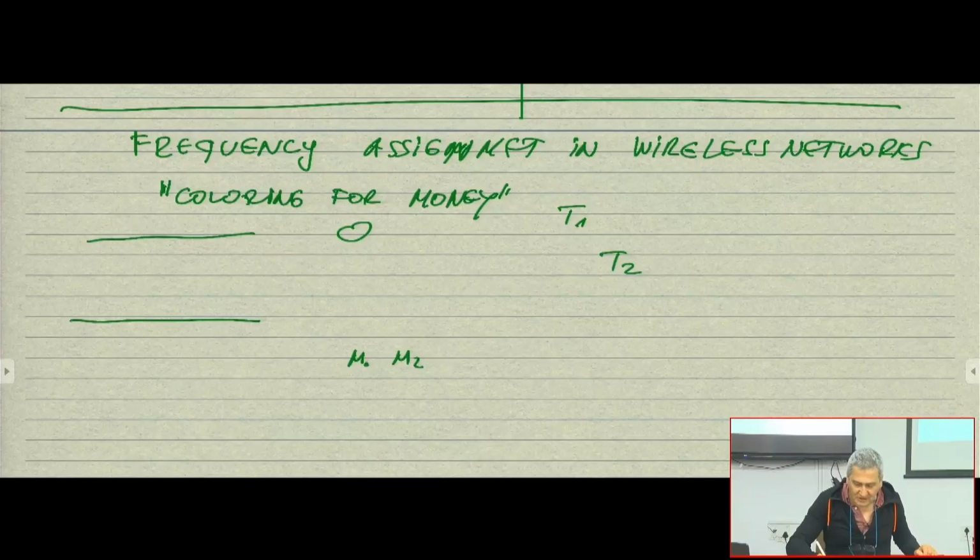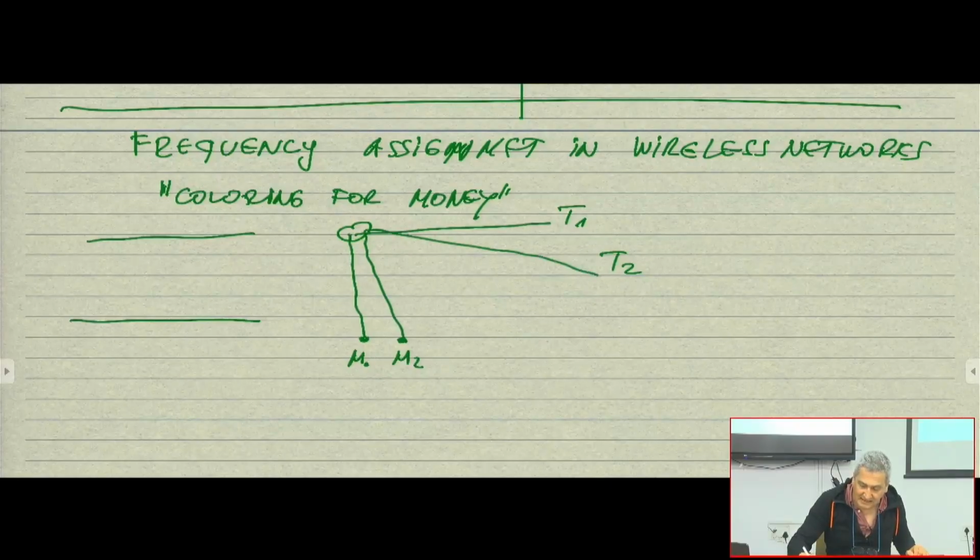If these two telephones are close, let's say in the same room, then M1 and T1 connect through the central somehow, and M2 connects with the central too.